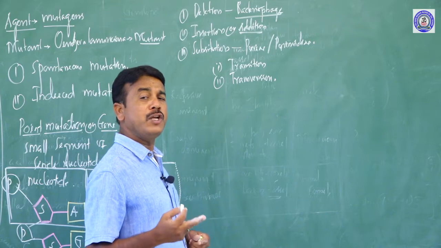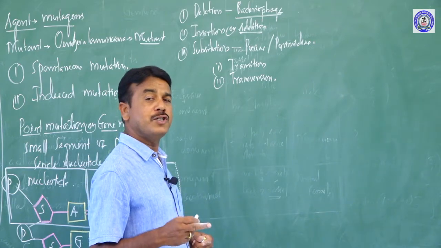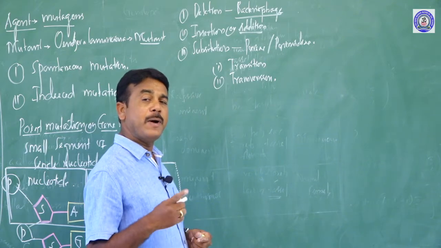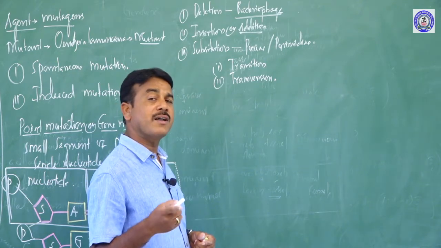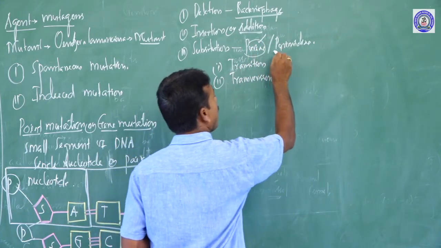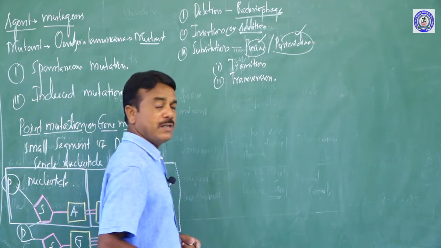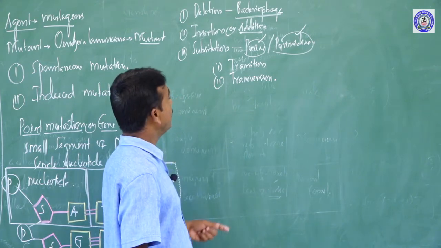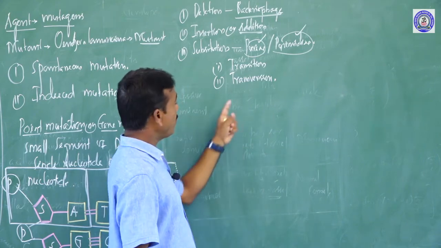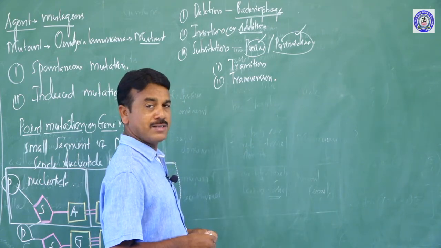When a purine nucleotide changes into another purine nucleotide, or when a pyrimidine is replaced by another pyrimidine. That type of substitution is commonly called transition.